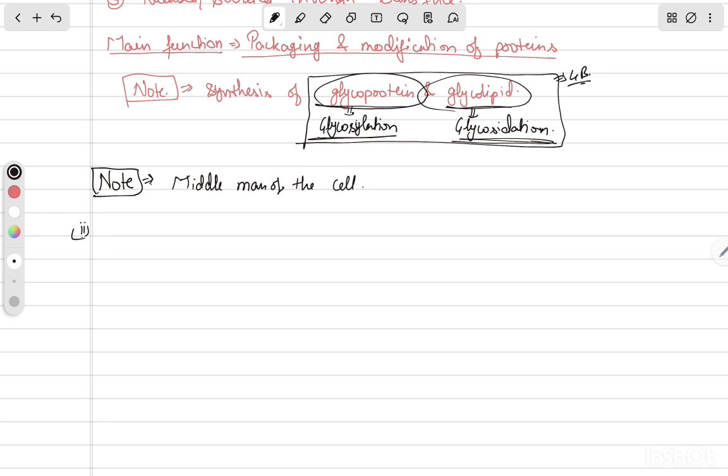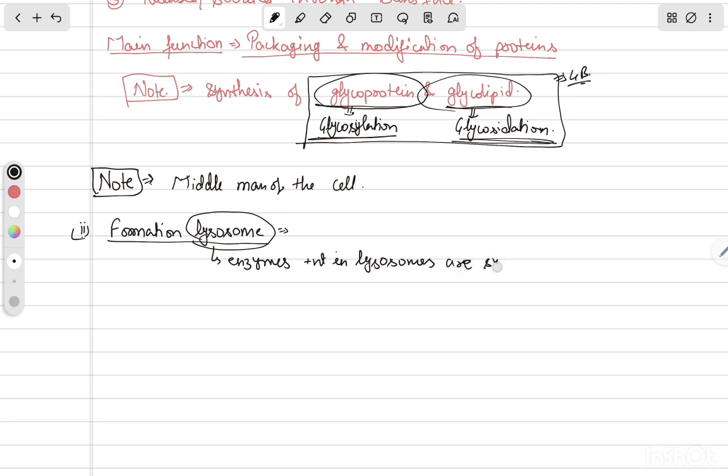Second function of Golgi apparatus is formation of lysosome. Lysosomes are released from trans phase of the Golgi apparatus, right? So the enzymes present in lysosome are synthesized by RER.